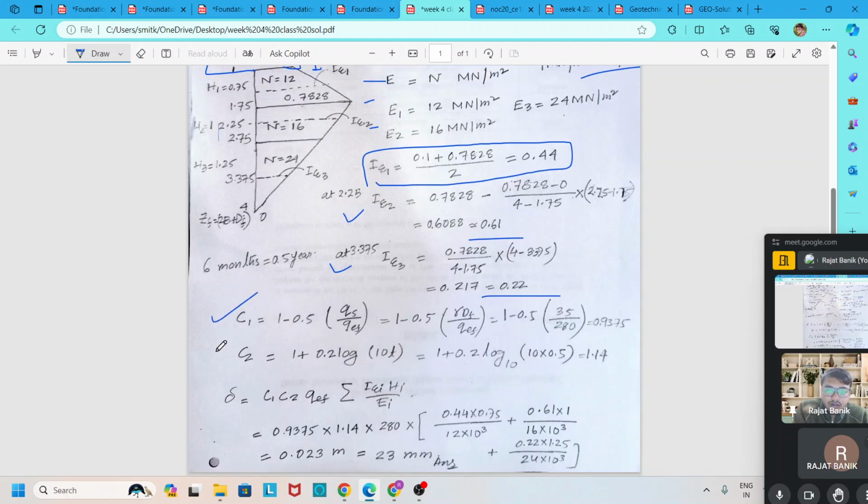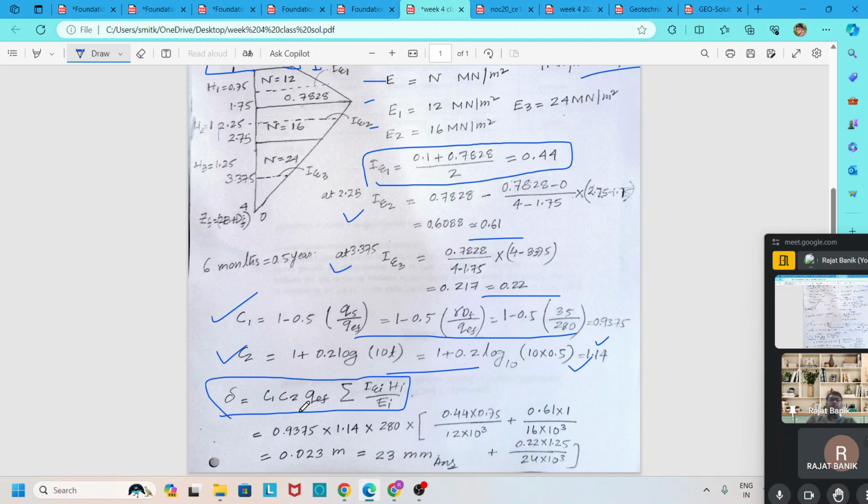Then after that we calculate the C1 and C2 factors, and we directly put all these values in. After that, we use the elastic settlement formula for finite depth, which is C1 C2 q_ef times the summation of the influence factor of each layer times the height of each layer, divided by the Young modulus of each layer.